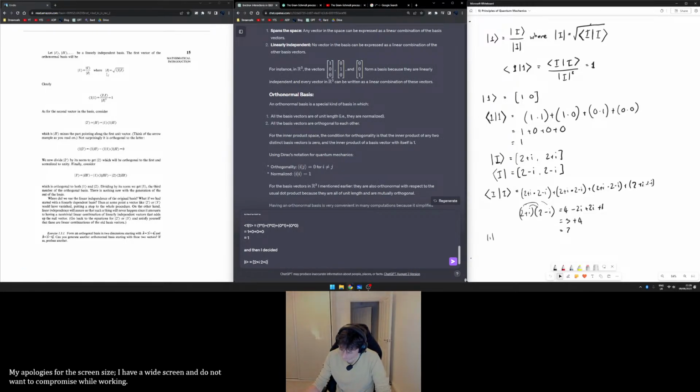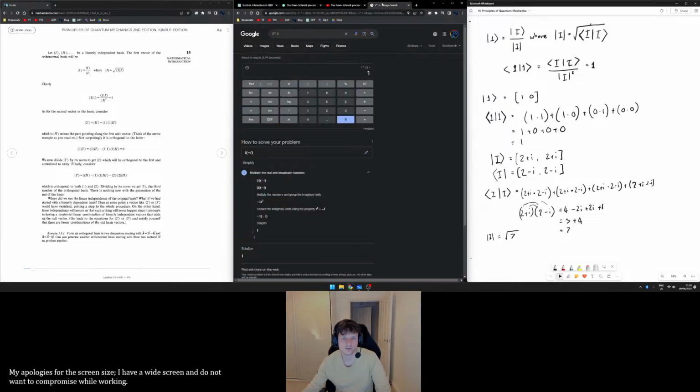Therefore, the magnitude of I is equal to the square root of 7. So what's the square root of 7? Okay, we have to do square root of 7 like that. It's 2.63. Sorry, 2.65.